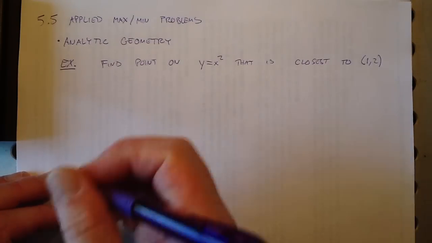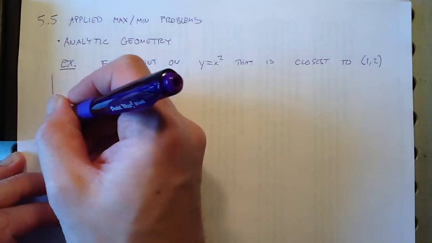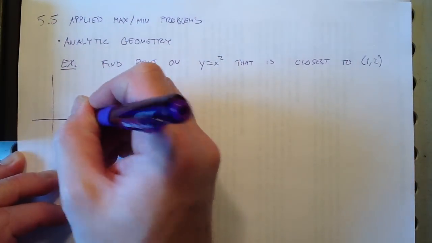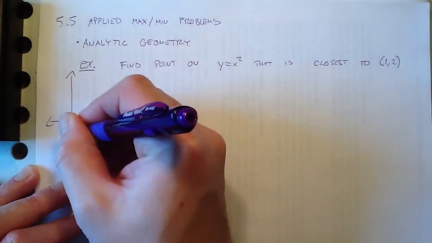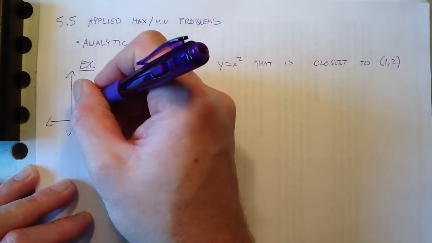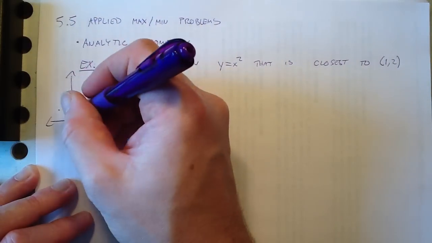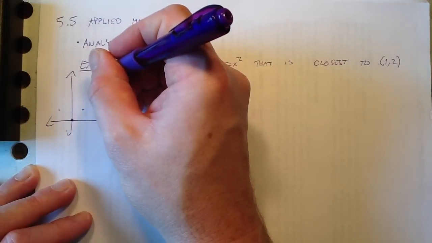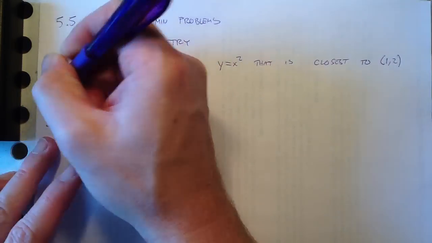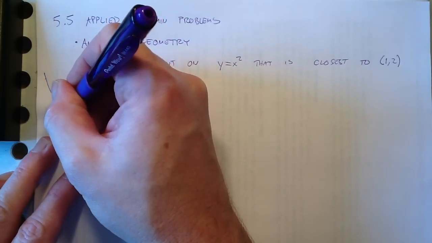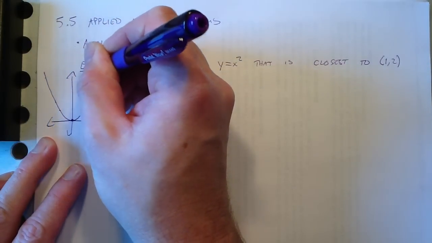So we could make just a little sketch to see what's going on here. Here's our parabola y equals x squared. It goes through the points 0, 0, 1, 1, 2, 4, and it's symmetric with respect to the y-axis. So it looks something like that.